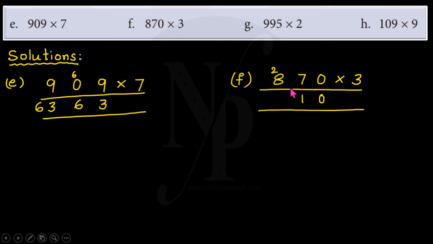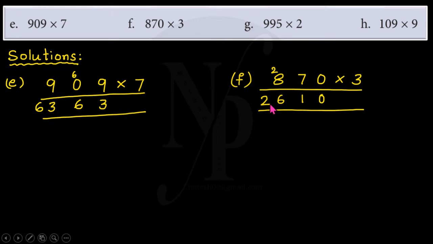And now we multiply 8 in the hundreds place by 3. 3 8s are 24. 24 plus 2 is 26. So we write 26 here. By this what we mean is 26 hundreds are regrouped as 2000s and 600s.